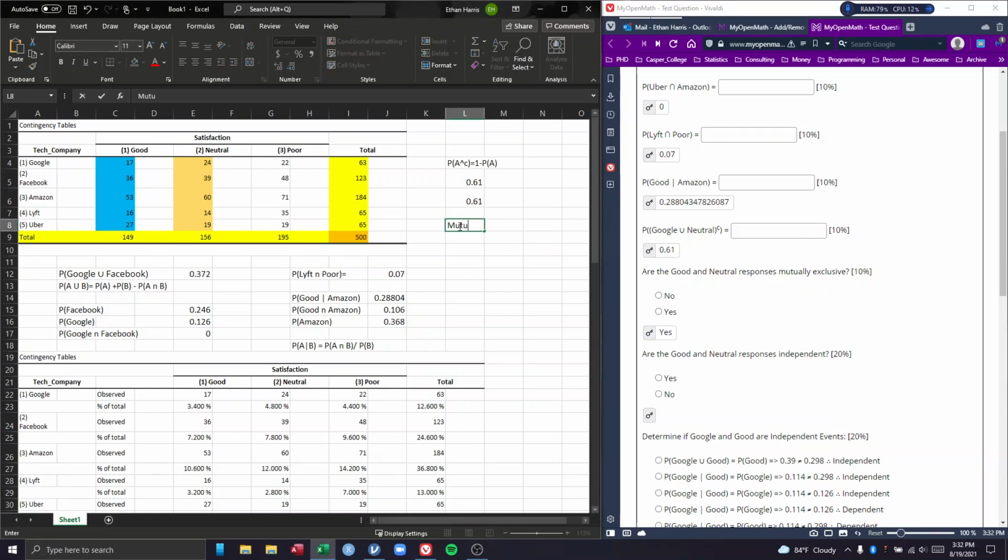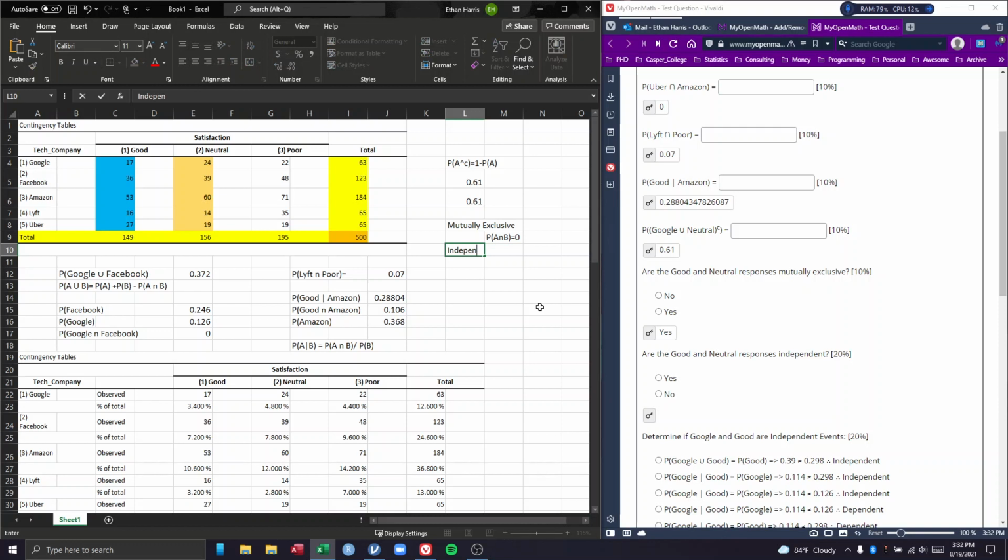Mutually exclusive basically just means that the probability of A intersect B is equal to 0. That's mutually exclusive in a nutshell.